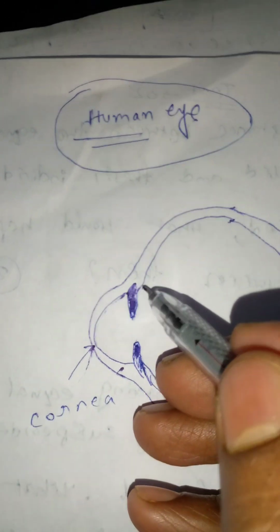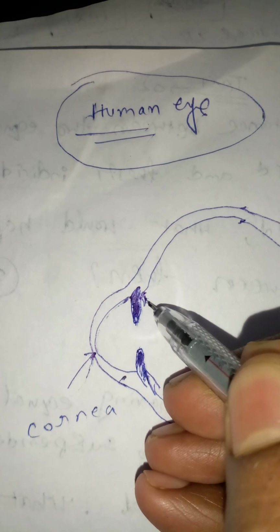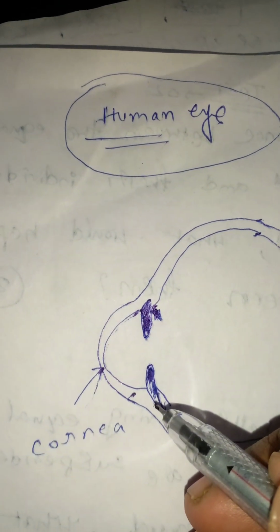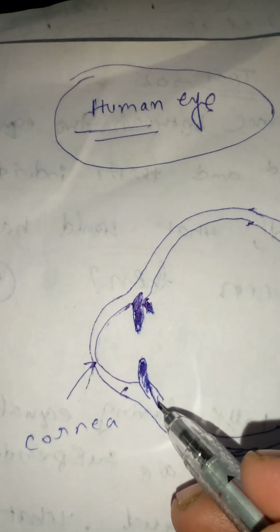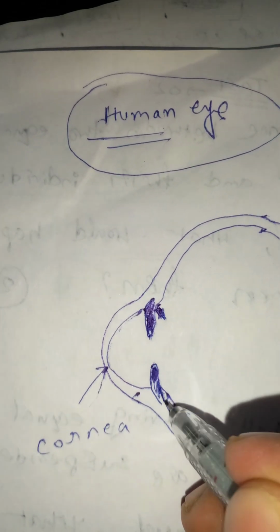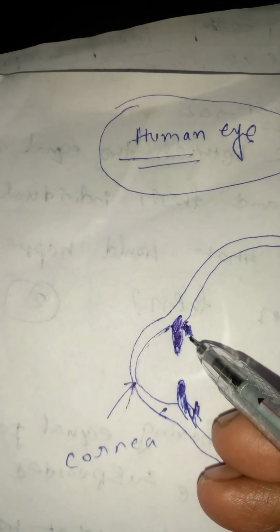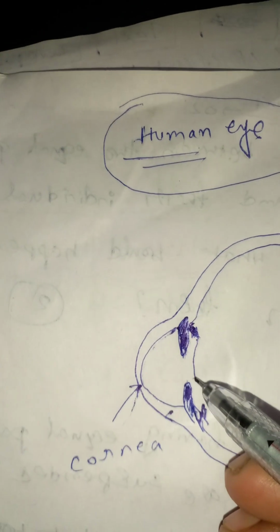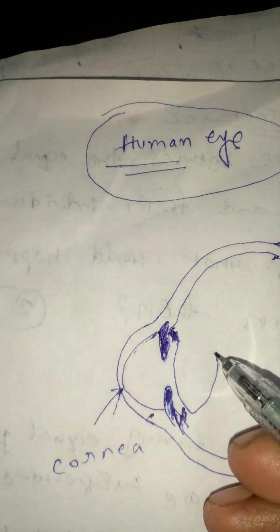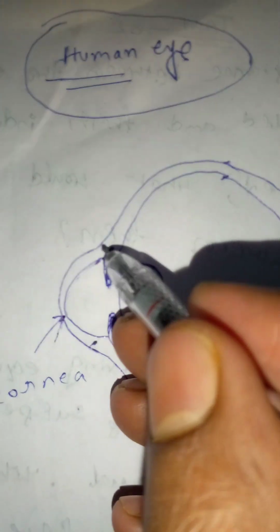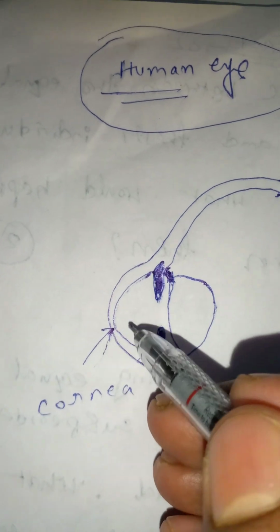Now here you will get a muscular portion, that is ciliary muscle, and the two iris are connected by a crystalline lens. So first, this is the outer portion, cornea.